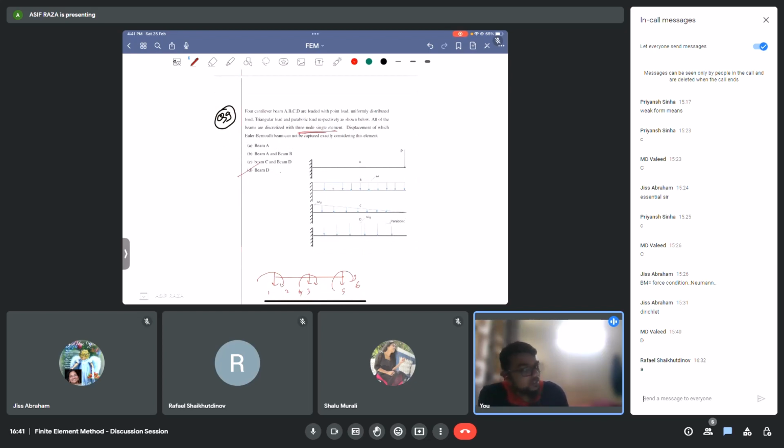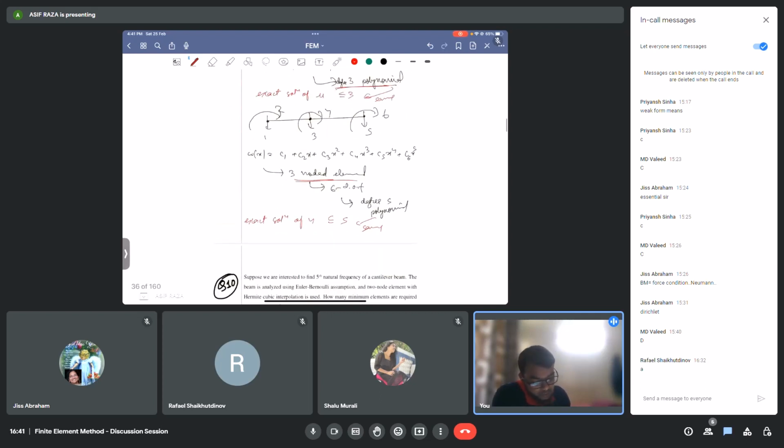So if you search through this, the exact solution pertaining to the cantilever beam when a point load is applied has degrees, first cubic, so that is 3, then 4, 5, and 6. So the exact solution has a degree of 3, 4, 5, 6, and our element has a degree 5 polynomial in consideration.